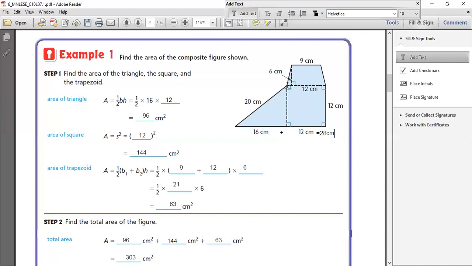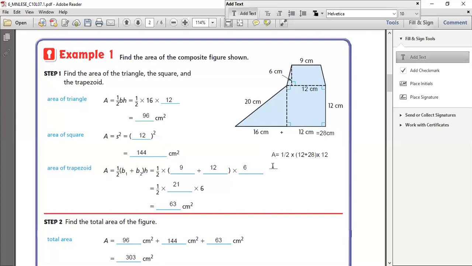So base 1 is 12, base 2 is 28 centimeter, and height is going to be again 12. In this trapezoid also the height is going to be 12. So let's find out the area of this trapezoid. It's half multiplied by b1, which is 12, and b2, which is 28, and then multiplied by the height, which is 12 also.